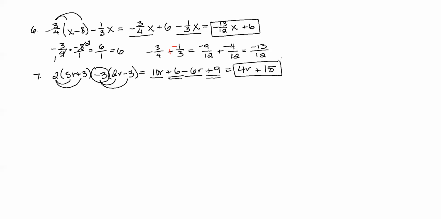All right, so hopefully those aren't too bad. Again, just kind of ugly when you bring in the fractions, but otherwise it's just a matter of being careful with what you're distributing, what you're combining, and the signs on all of the terms. So now our last two examples here are going to be word problems.